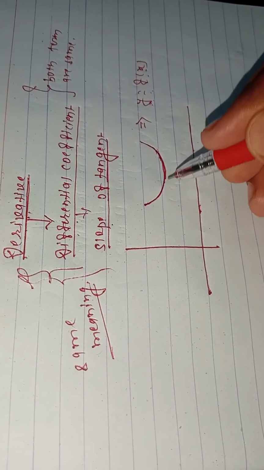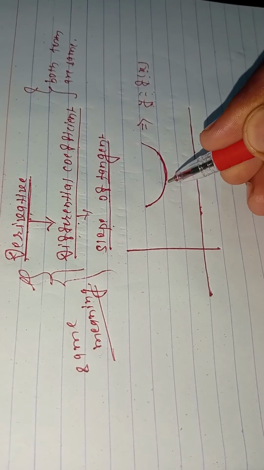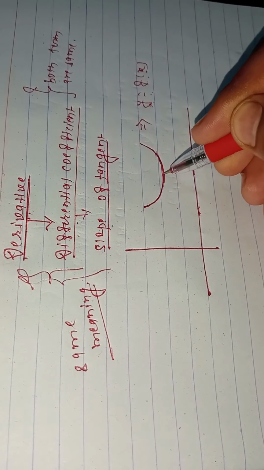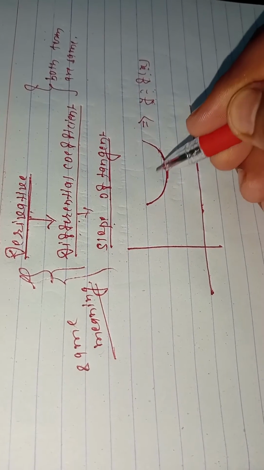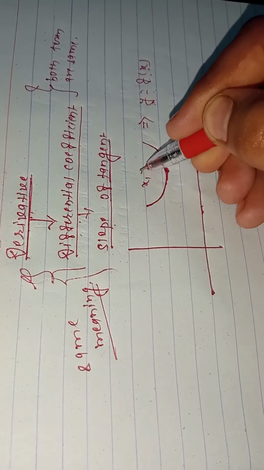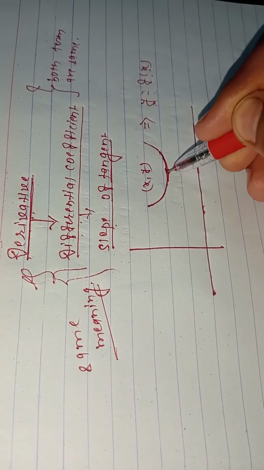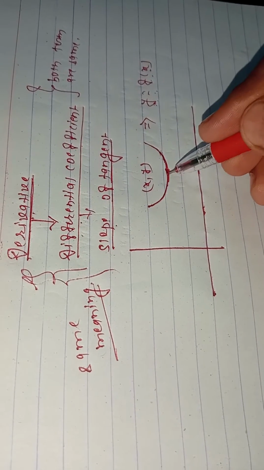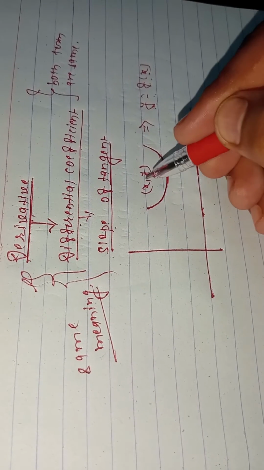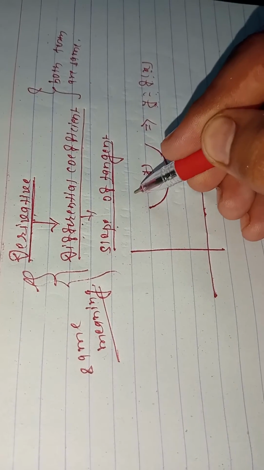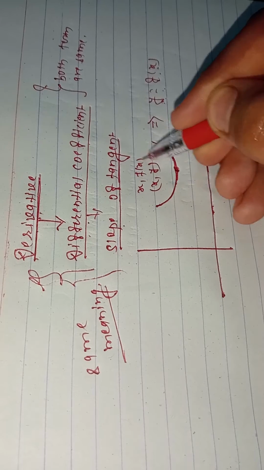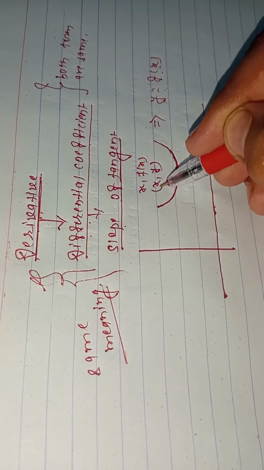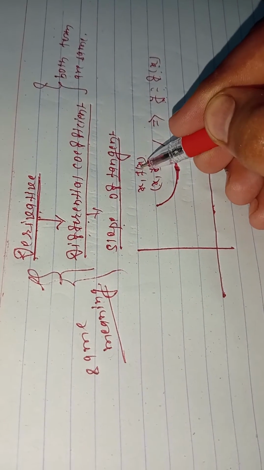Now suppose we take a point here. This point is (x, y). So finally we can say that y is equal to f(x).